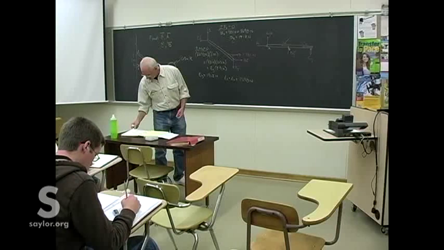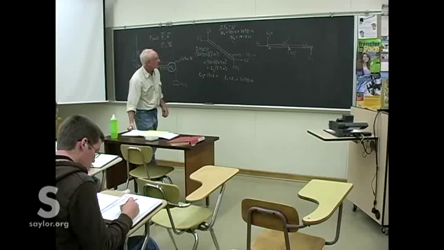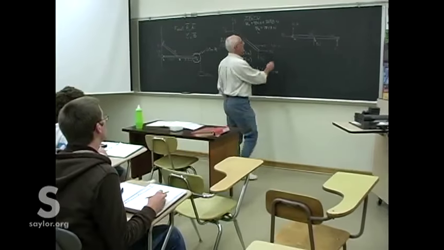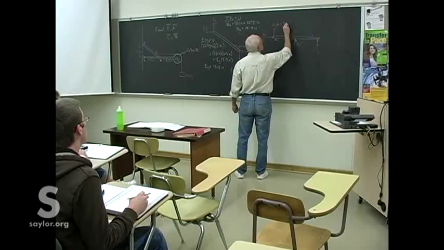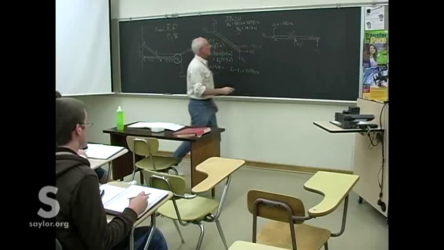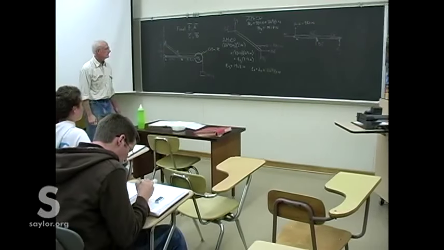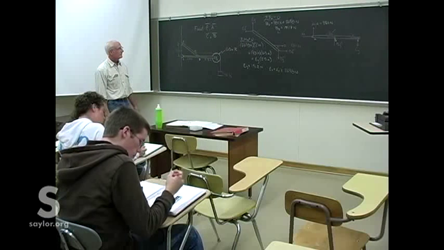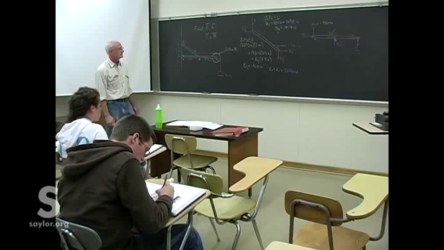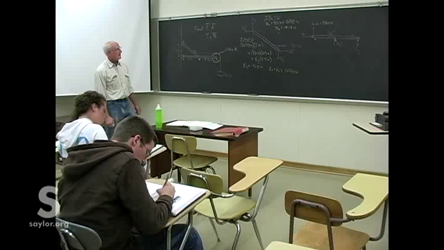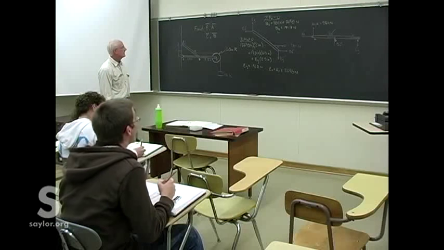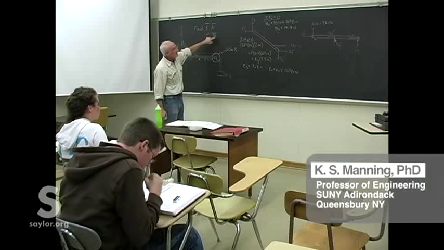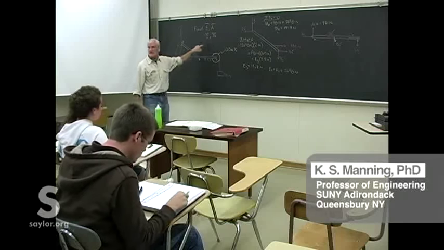Minus 981. So let me make sure the directions are the same as in my picture. Yep. So that should have been the other way around. So we're left with, let's see, we've got all of E, all of A, all of B, all we need is C.